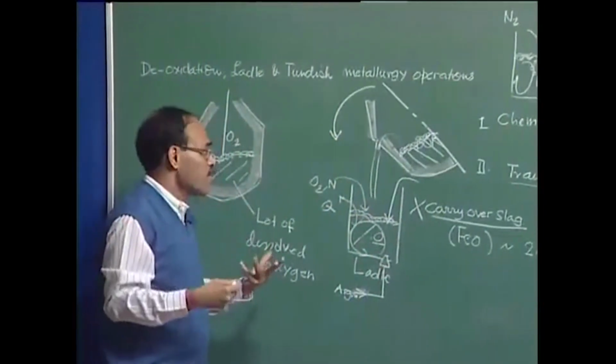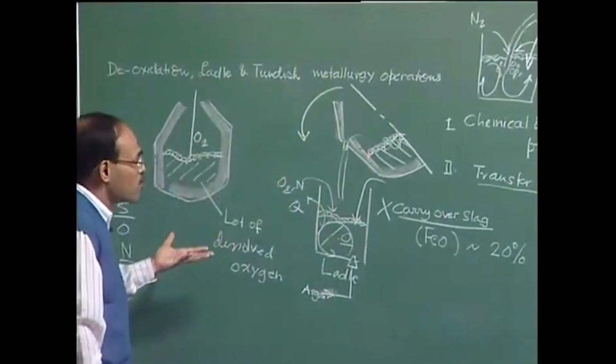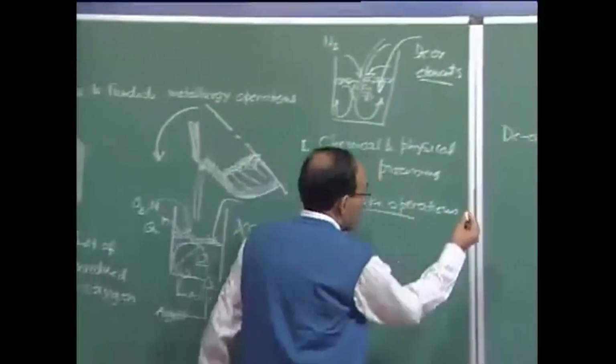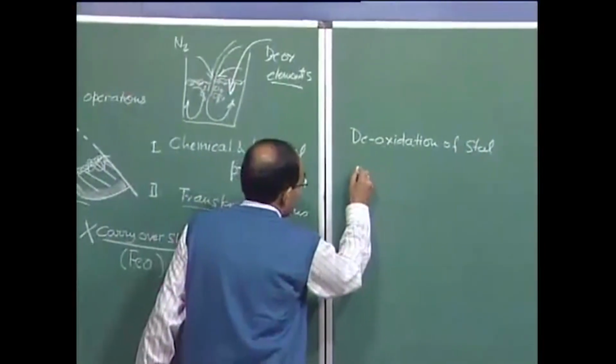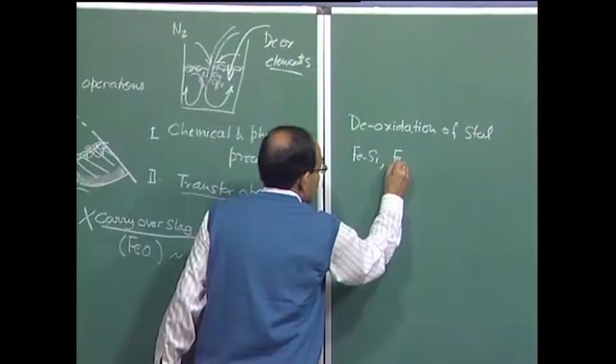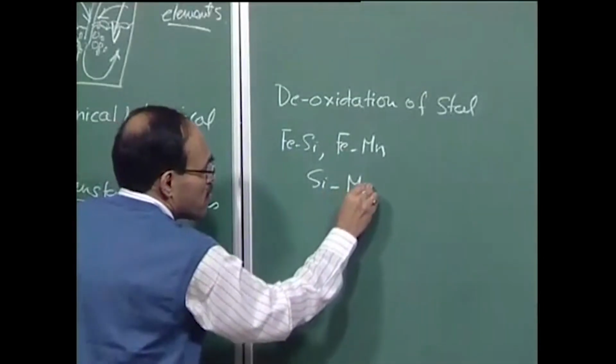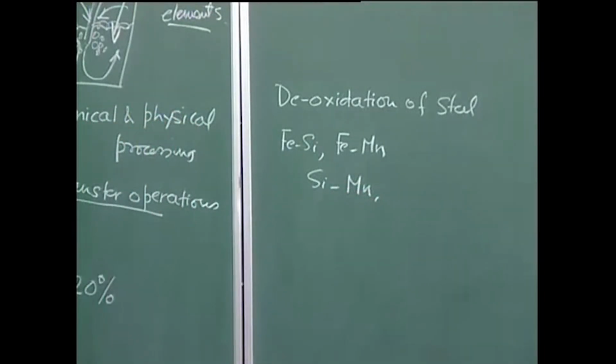You can also use other kinds of deoxidizer elements, and commonly used elements in addition to aluminum are ferrosilicon, ferromanganese, silicomanganese, etc.